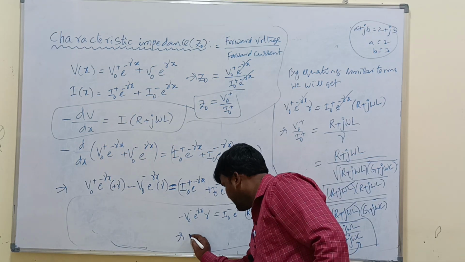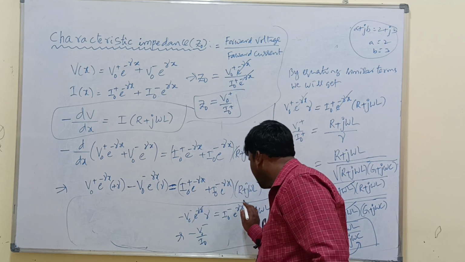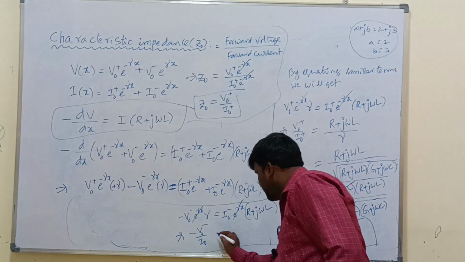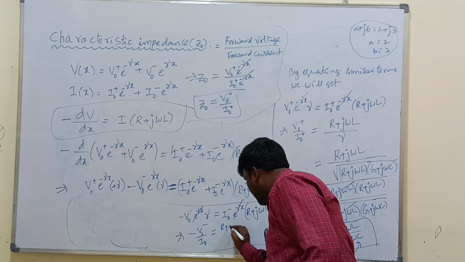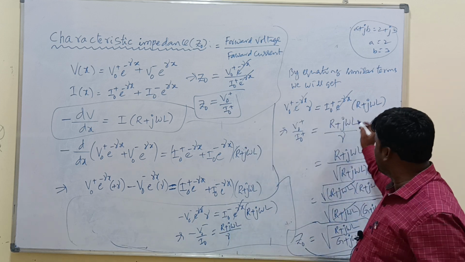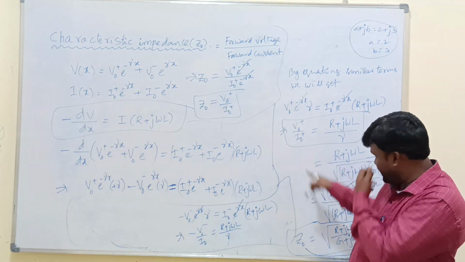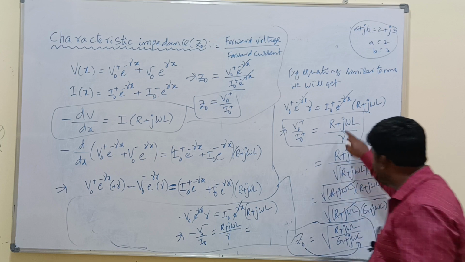Now let us write this one as minus V naught minus by I naught minus. Here e to the power gamma x cancels. You will get (R plus j omega L) divided by gamma. Already here we have (R plus j omega L) divided by gamma, which is equivalent to what? That is root, already we simplified this one.